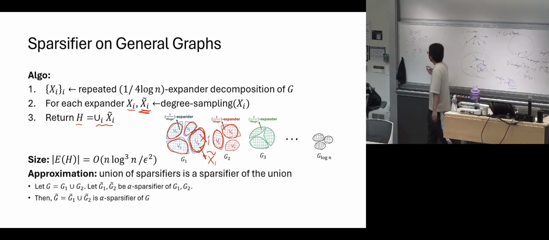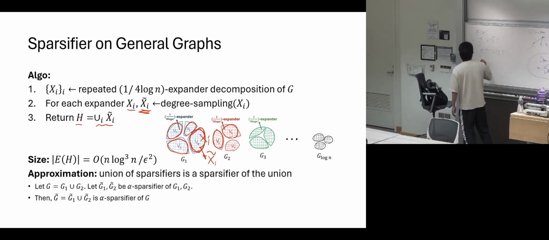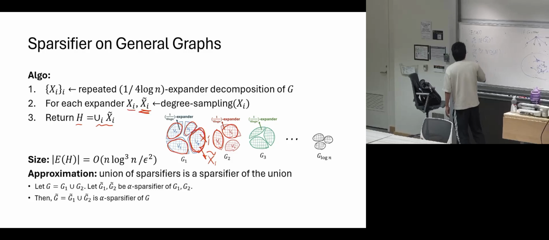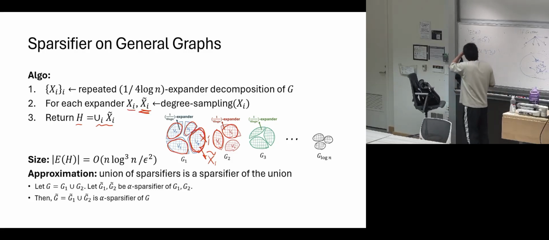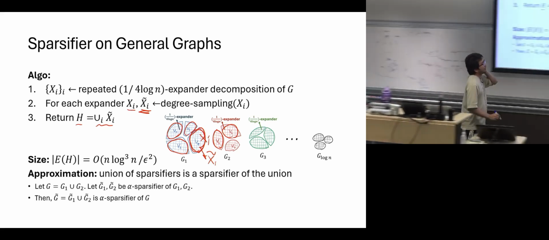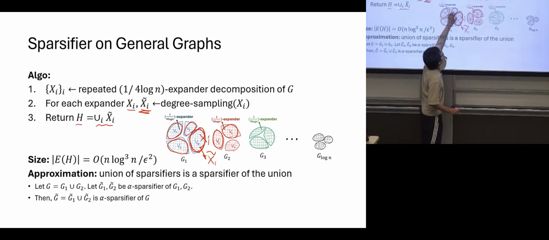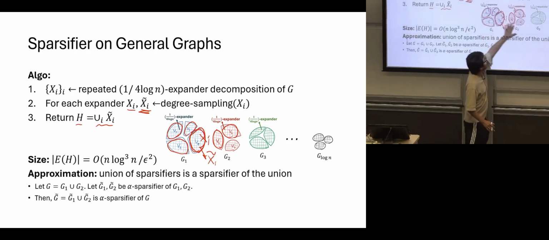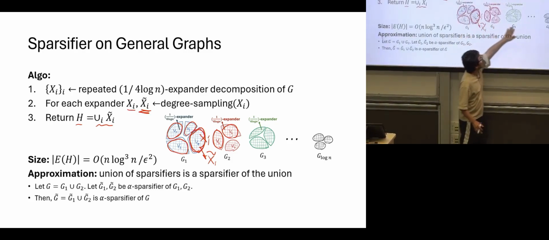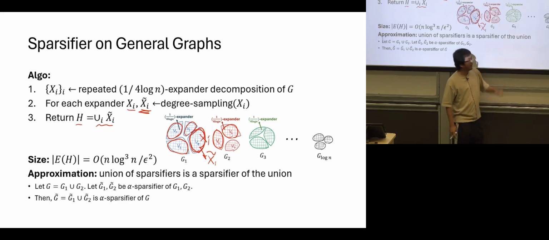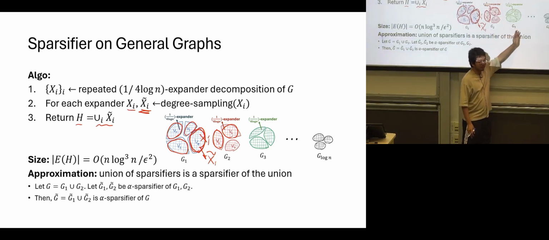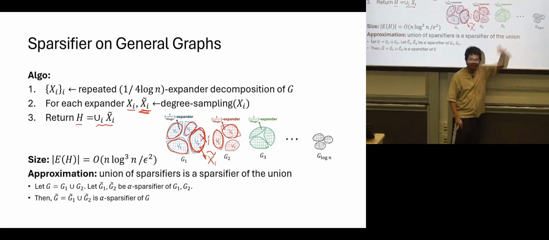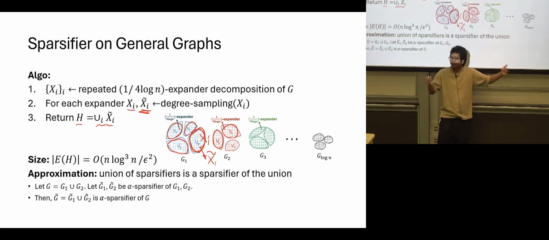You sum over the number of nodes here and group them into groups, like the blue one, the red one, the green one, and so on. The blue one has size n, the red one has size n, the green one has size n. In every group, the total number of nodes is n.